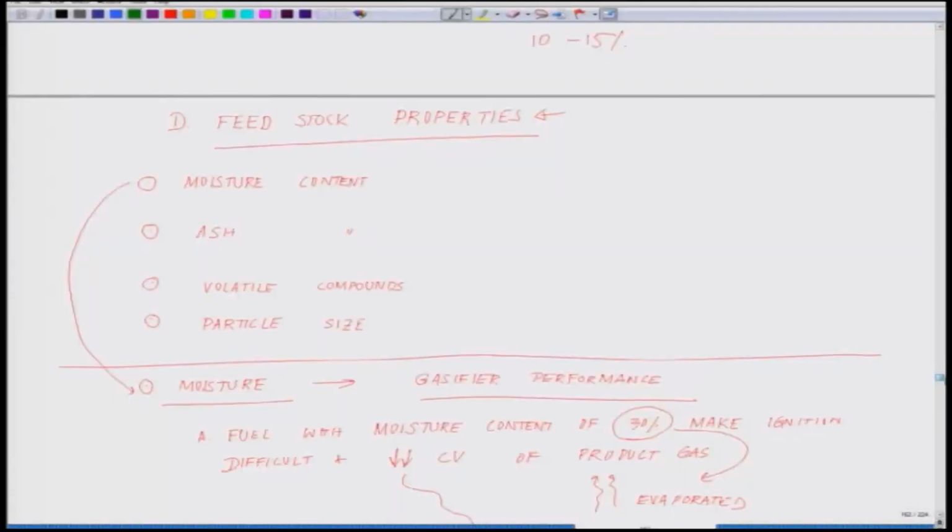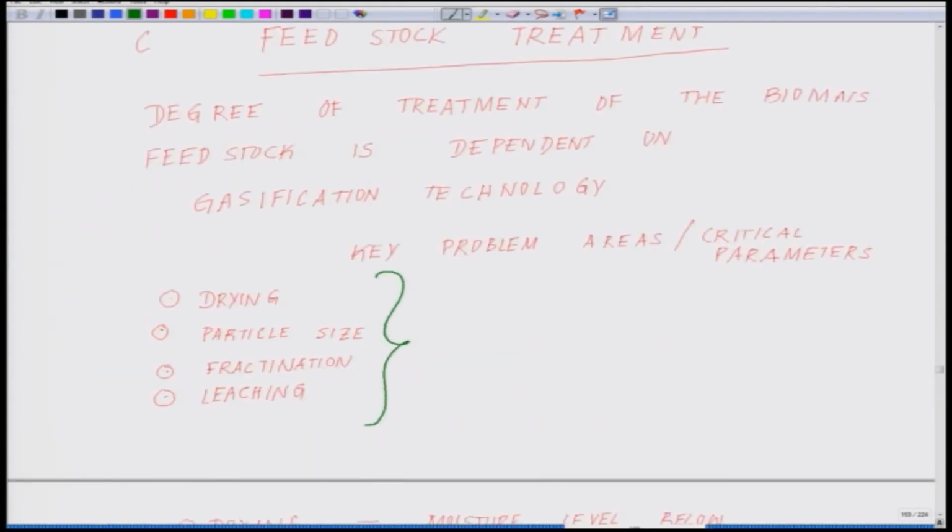Remember, in the beginning of this section we talked about the feedstock properties: the moisture content, ash content, volatile compounds and particle size. Based on these, keeping in mind these critical things, one has to optimize what kind of treatment has to be given.